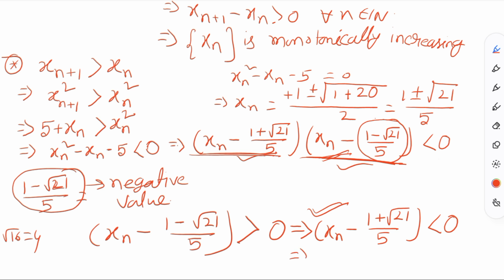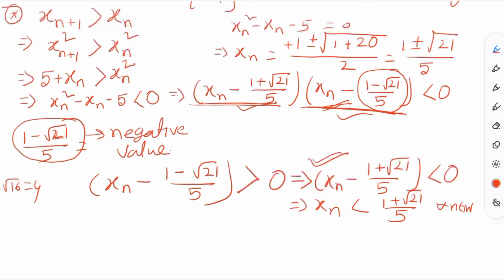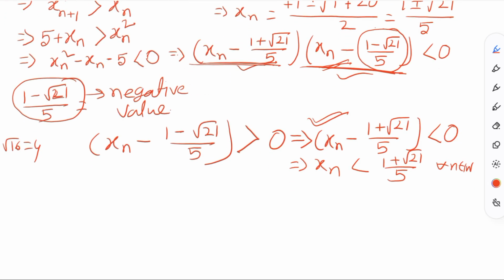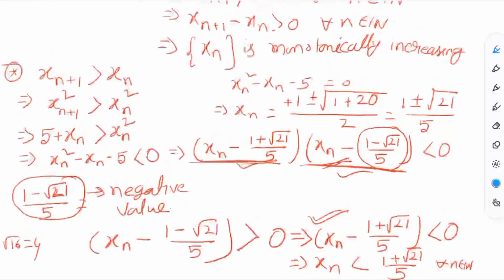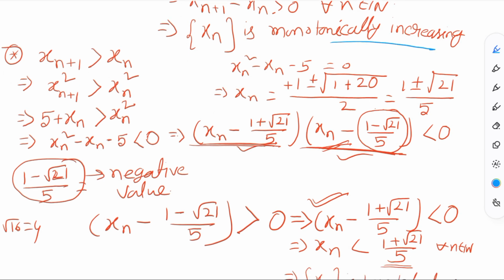From this line you can write xn less than 1 plus root 21 by 5 for all n belongs to N. That means all terms of the sequence are less than this quantity. That means xn is bounded above. Clear everyone? Now students, I already showed the sequence is monotonically increasing and here the sequence is bounded above.